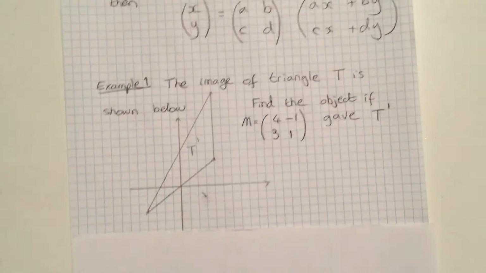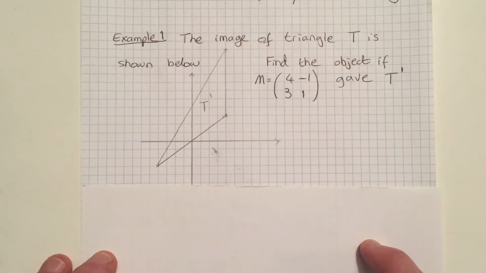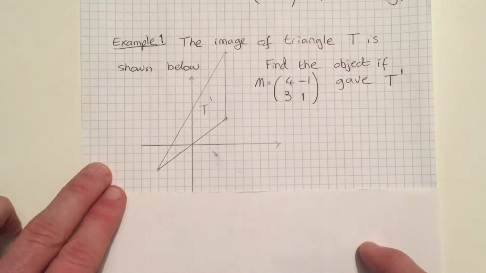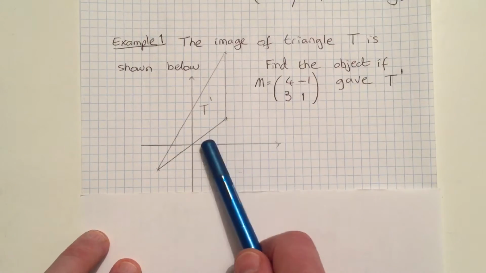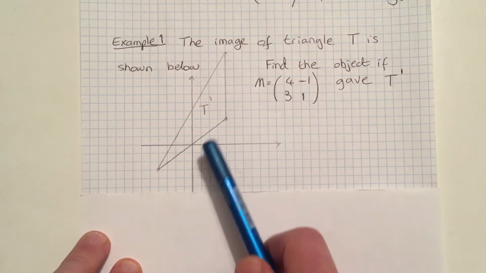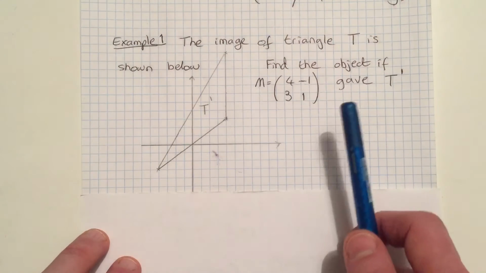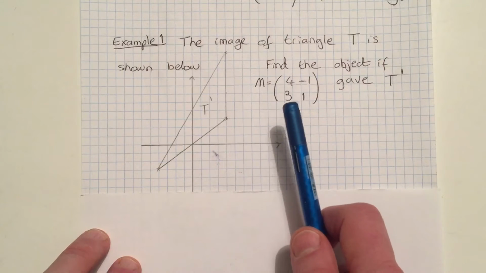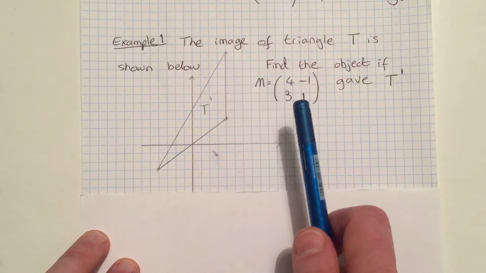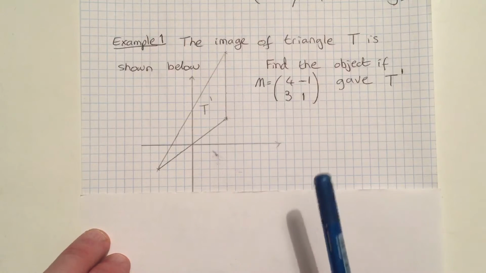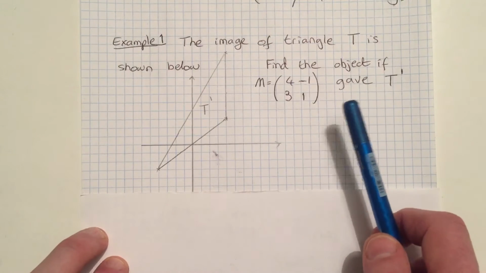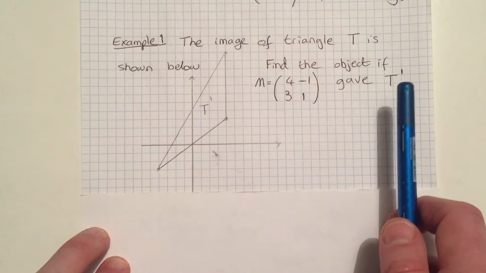So here we're told that the image of triangle T is this triangle here, T dash to represent the image. And I want to find the object if it was the matrix 4, -1, 3, 1 that transformed triangle T to give the image.